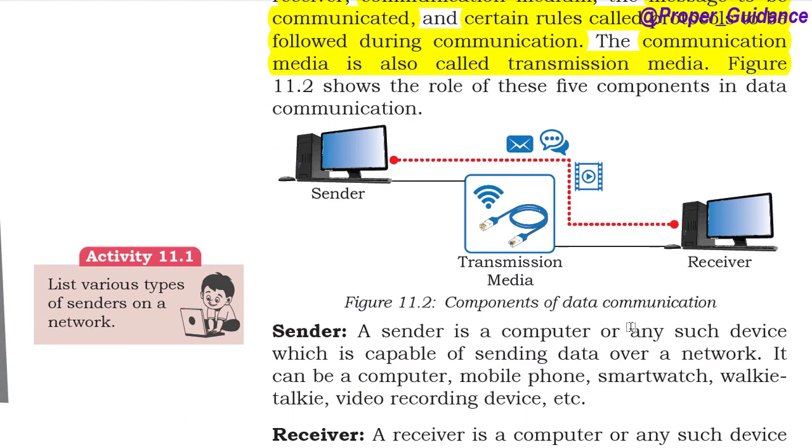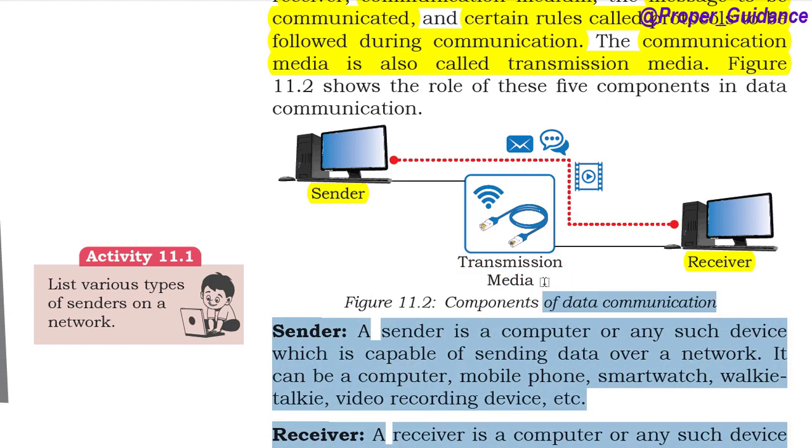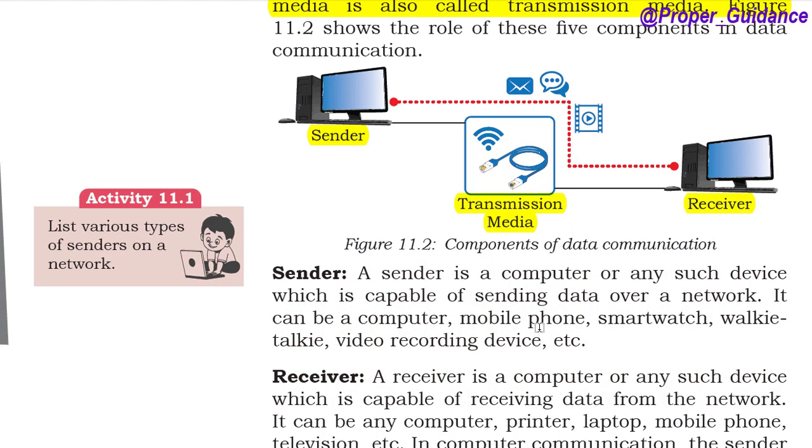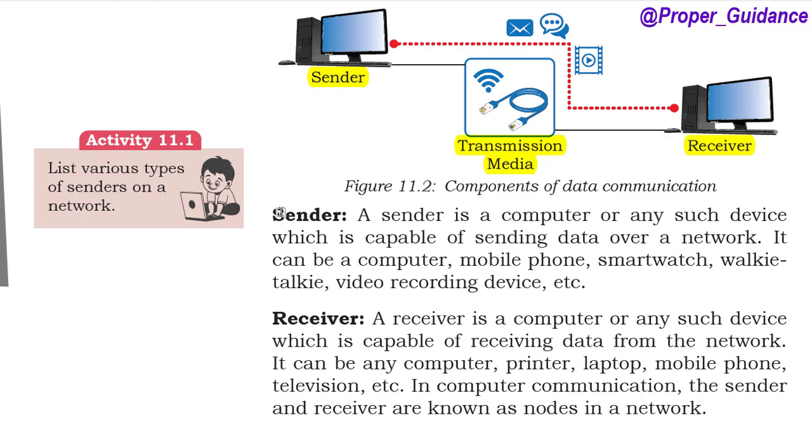Now, these components are here. The first one is the sender, who sends the message, and who receives the message is known as the receiver. Between sender and receiver, there will be the transmission media as well as the message itself. Now, sender.